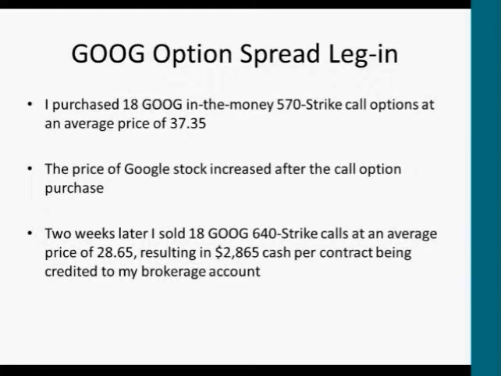So each option that I sold for 28.65 resulted in $2,865 in cash being credited to my brokerage account. So that's where your downside protection comes from, and also it reduces the risk, because if I bought the 570 strike call at 37.35 and then sell the 640 strike call at 28.65, now instead of having $3,735 at risk, I only have about $800 at risk.